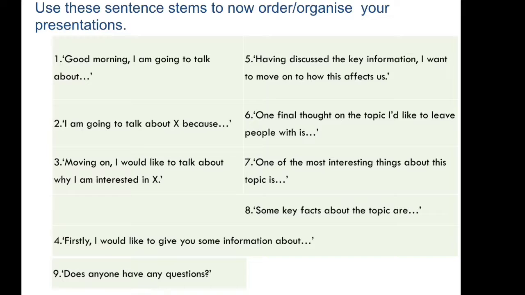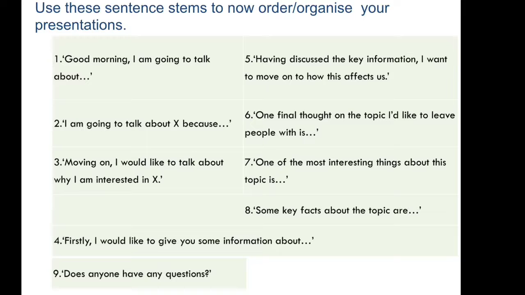After you have introduced your topic, after you've said why you're talking about this topic, you need to have put some sentence stems that move your argument along. So moving on, I would like to talk about why I'm interested in X. Or firstly, I would like to give you some information about.